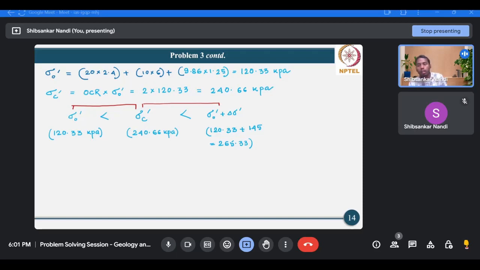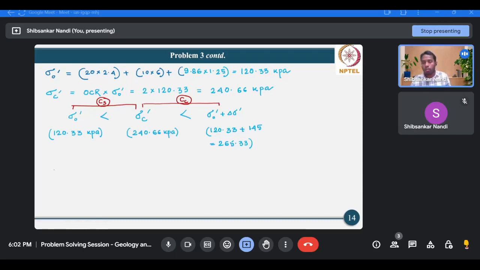Now for the stress increase from sigma 0 prime to sigma c prime, we have to use the swelling index, that is Cs, and for sigma c prime to sigma 0 prime plus delta sigma prime, we have to use the compression index. In this range, the clay behaves as if it were normally consolidated.